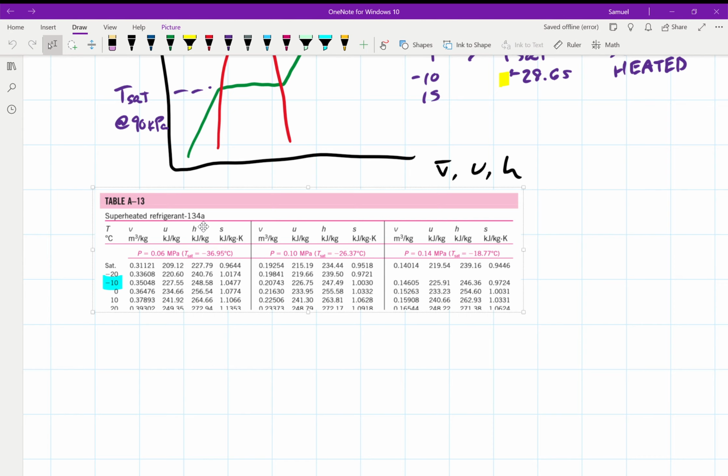But we run into a little bit of a problem with the pressure. Again, the pressure that we're working with is 0.0904 megapascals. But I don't exactly see those pressures. I do see 0.06 and I do see 0.10. Our pressure falls between those two pressures, which means that we will need linear interpolation.